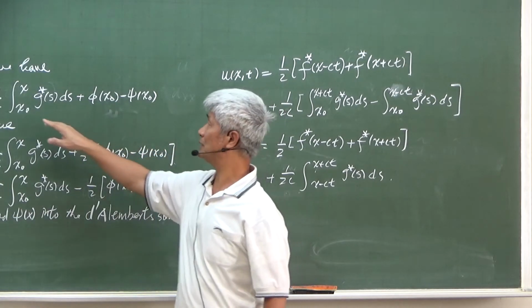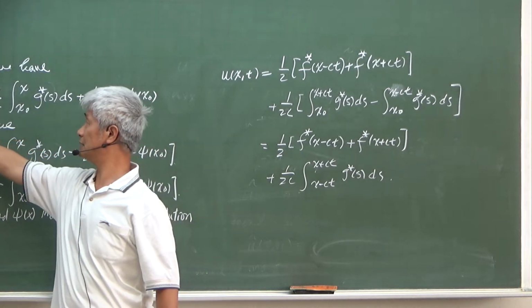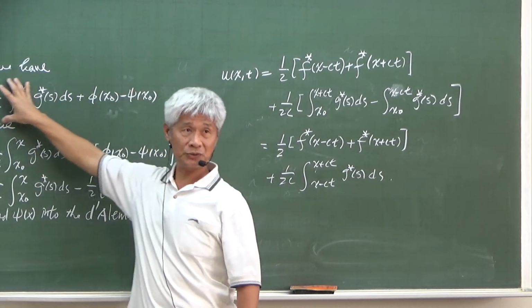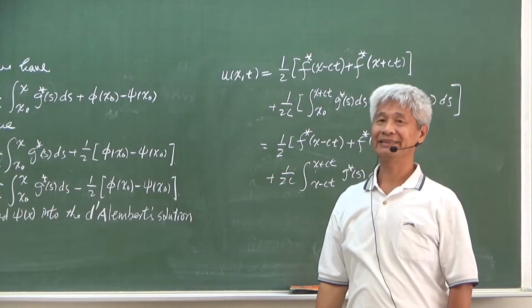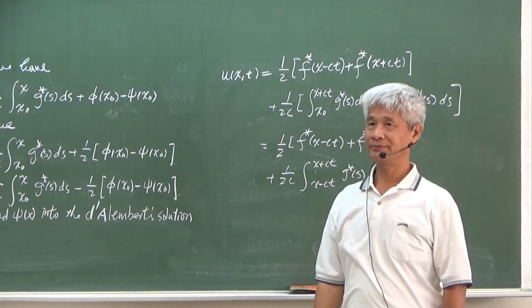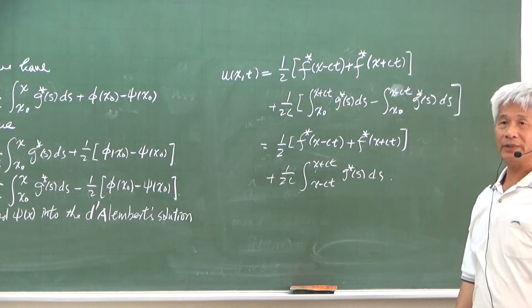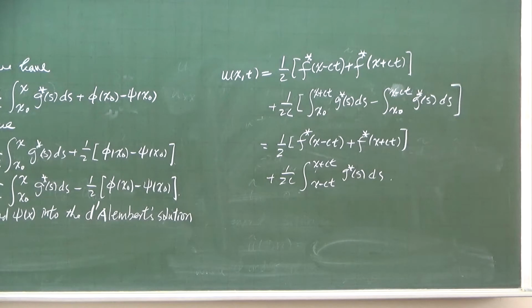Okay, because when x equals x0, this is 0, right? Yeah. When you put x0 here, this should be equal to this point because it is equal to 0. It's fine. Other questions? Okay, good.